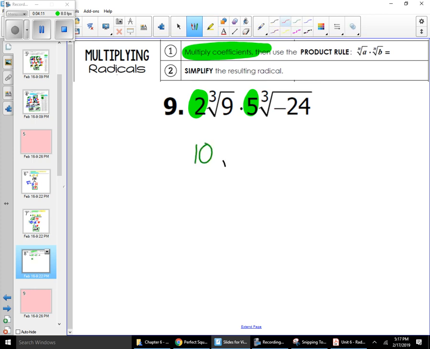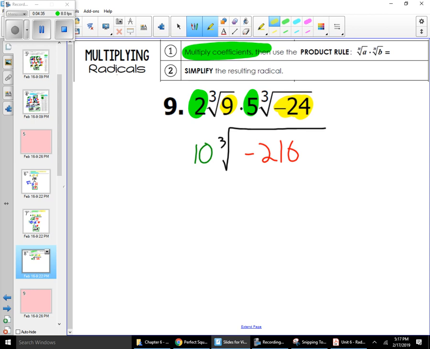And then using the product rule, we multiply the stuff on the inside. So 9 times negative 24 is going to be a negative 216. Again, that's just multiplying the numbers underneath the radicals. If there was a negative under a square root, we would worry. But we can take the cube root of a negative number.